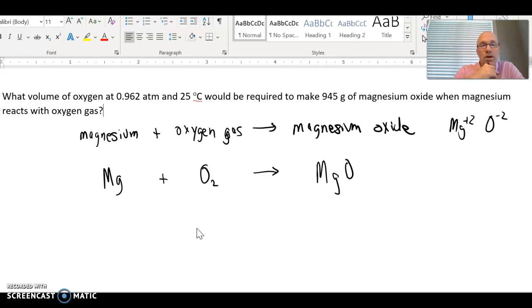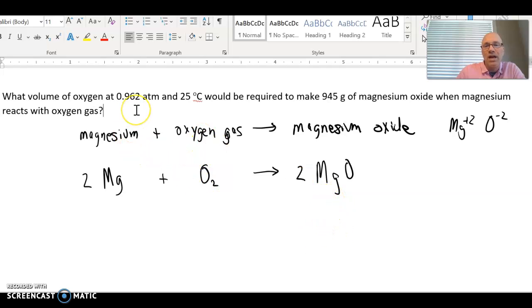We want to balance this. So to balance this, we need 2 of these right here. Now we need to go back to the question. How much would be required to make 945 grams of this stuff right here?